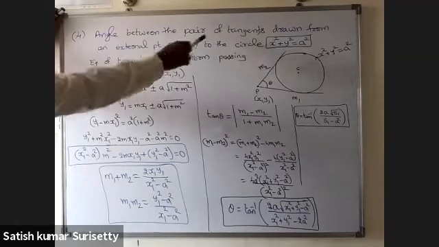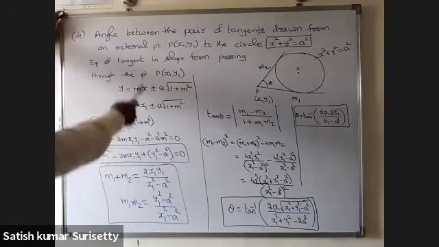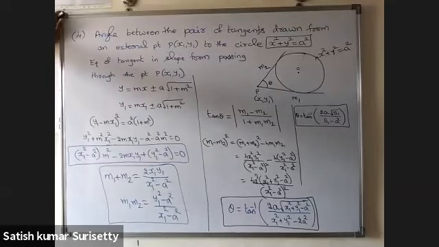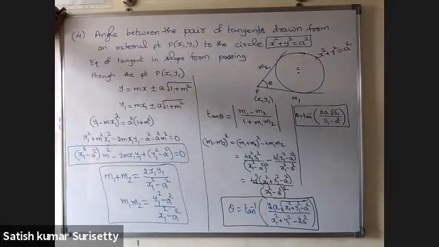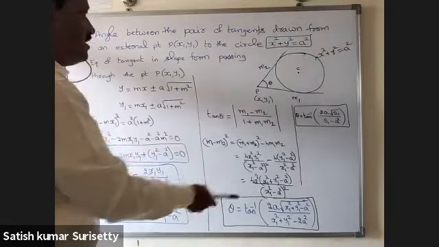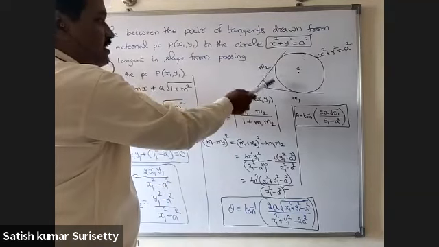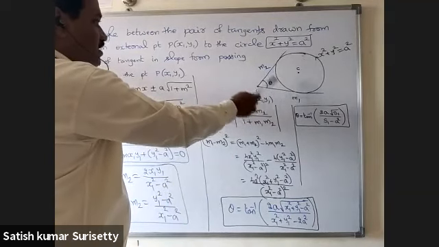Angle between the pair of tangents drawn from an external point P(x1, y1) to the circle x square plus y square equal to a square. Here also, to find the angle between the pair of tangents, let us consider theta is the angle between the tangents and m1, m2 are the slopes.